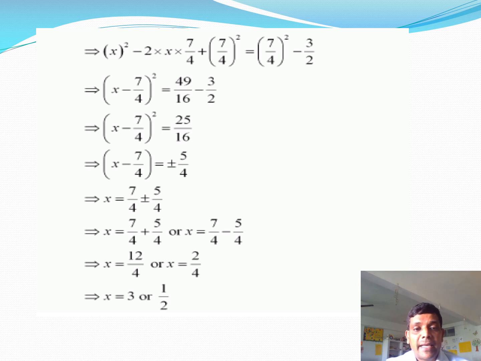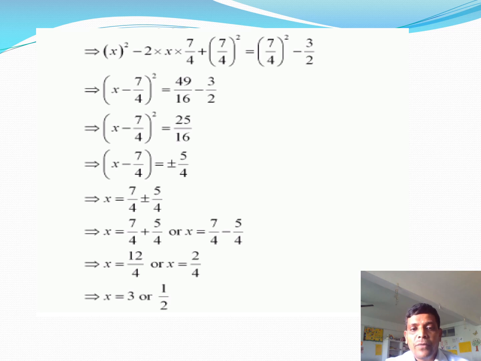X minus 7 by 4 whole square equals 7 by 4 whole square, meaning 7 into 7 by 4 into 4, which is 49 by 16, minus 3 by 2. The LCM of 16 and 2 is 16.